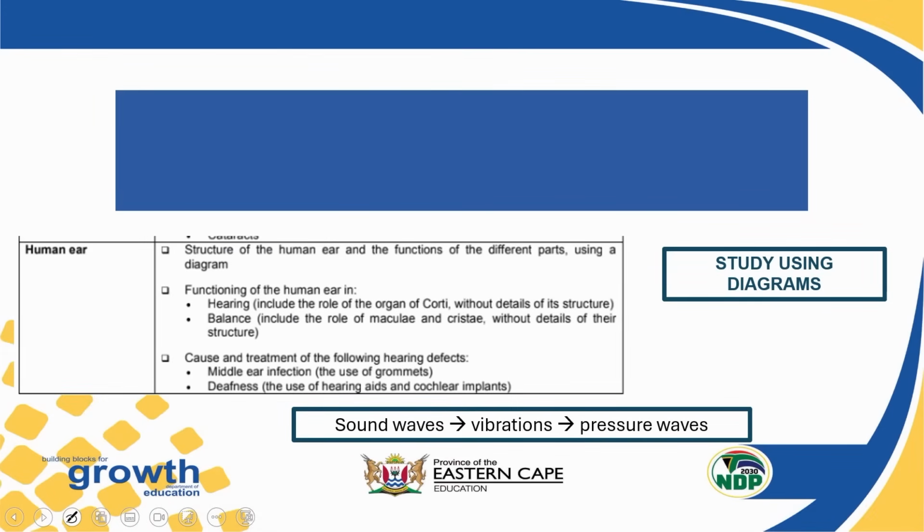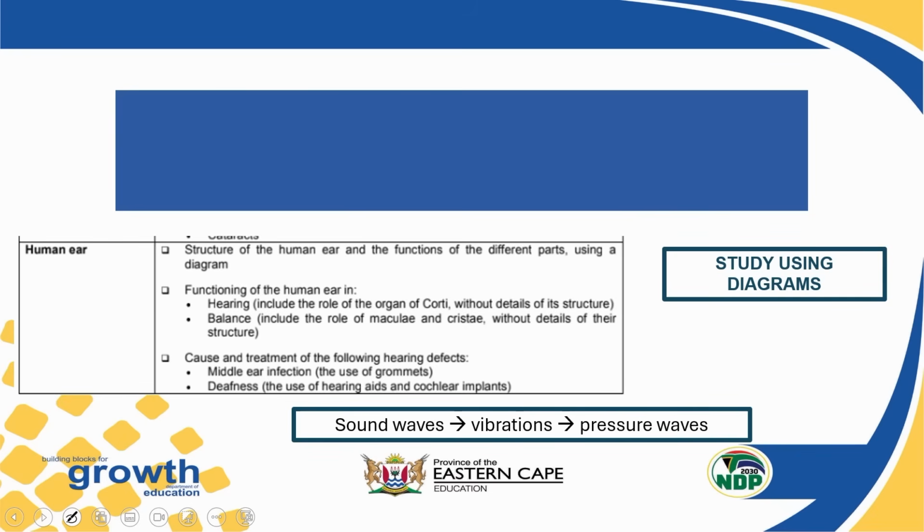Right, the ear again. Once again, use your diagrams. Then another thing to watch out for in answering the ear is that we use the correct terminology for sound waves, vibrations, and pressure waves. Remember, in the outer ear, sound travels as sound waves.